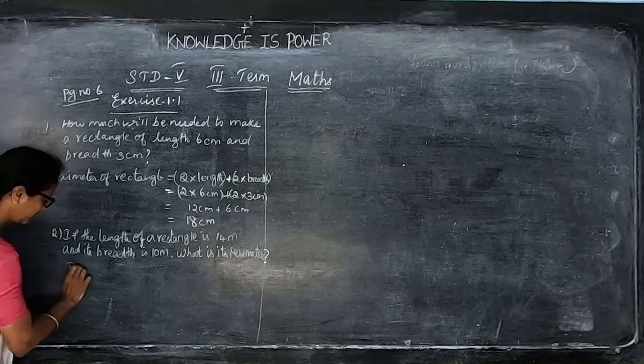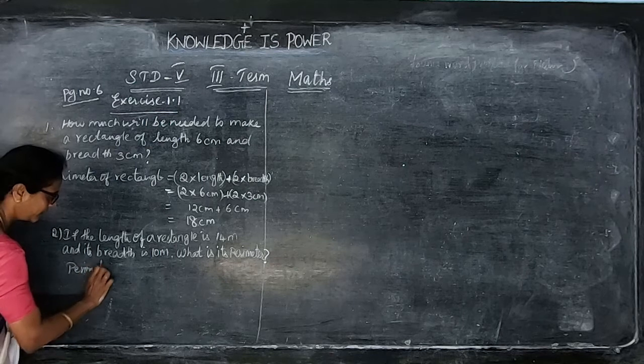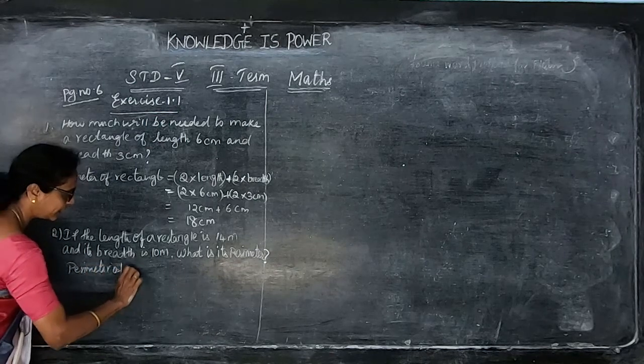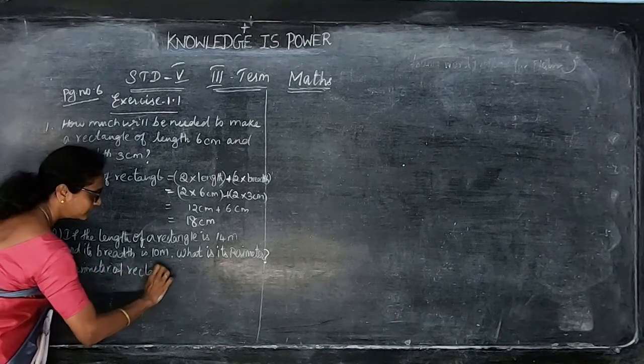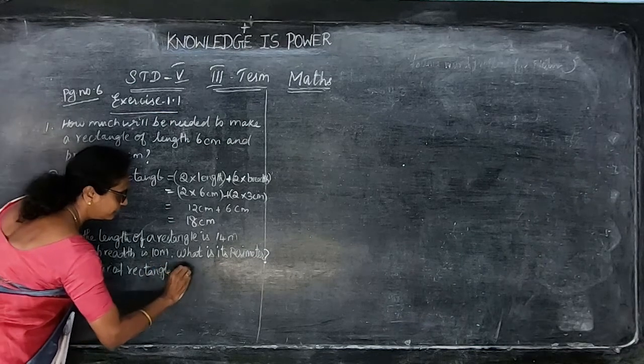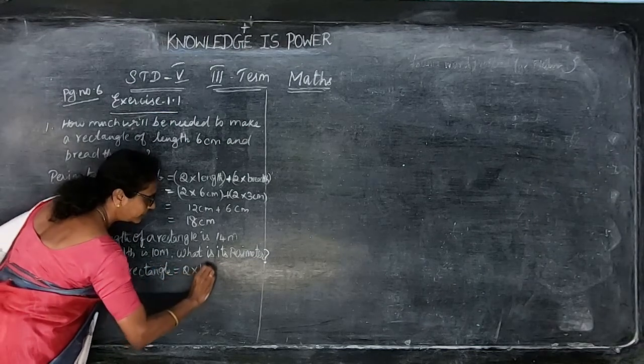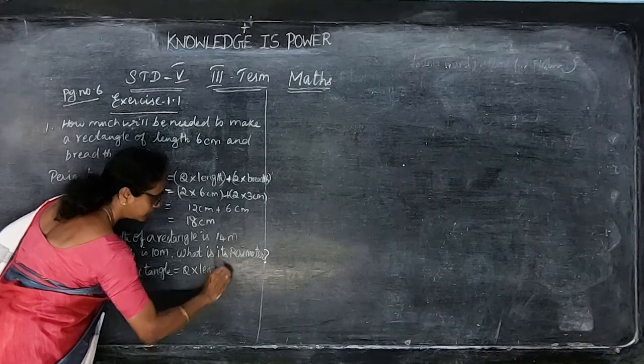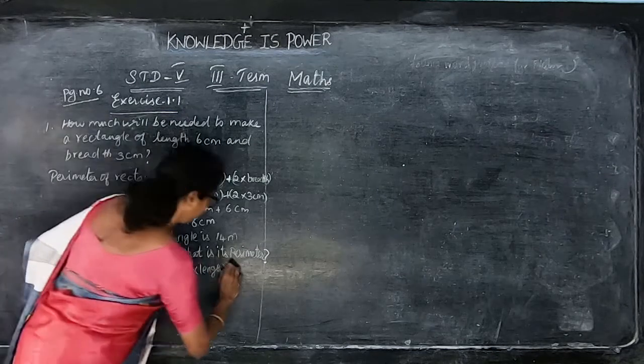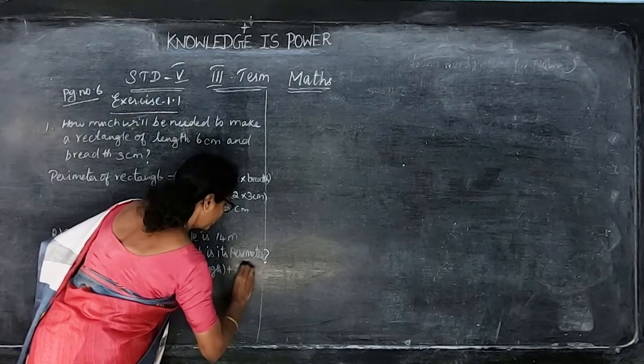Perimeter of a rectangle. You can write that is equal to 2 into length plus 2 into breadth.